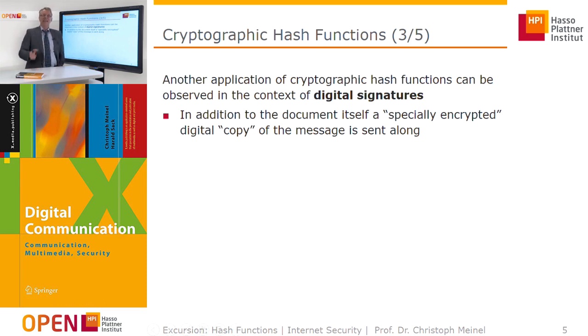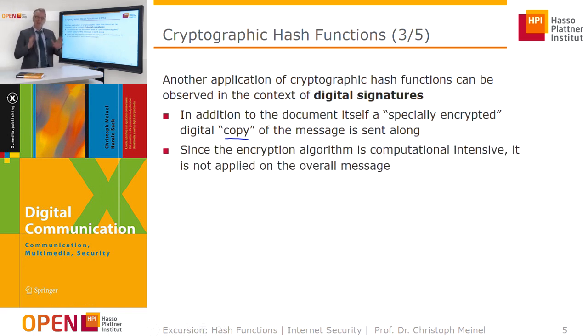The idea is that in addition to the document itself, a specially encrypted digital copy of the message is sent. If one would apply the encryption function to a large document, for example, a video, we would get a very large encryption. It would need a lot of processing power. So the idea is to not encrypt the full document.